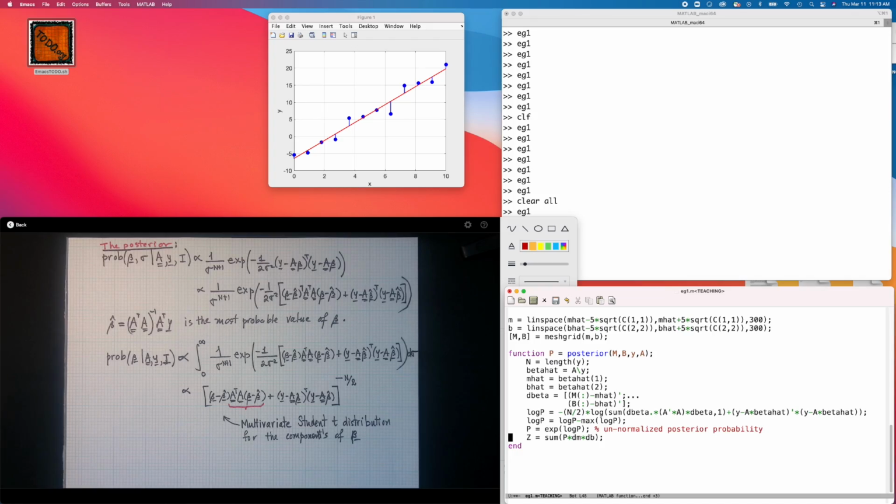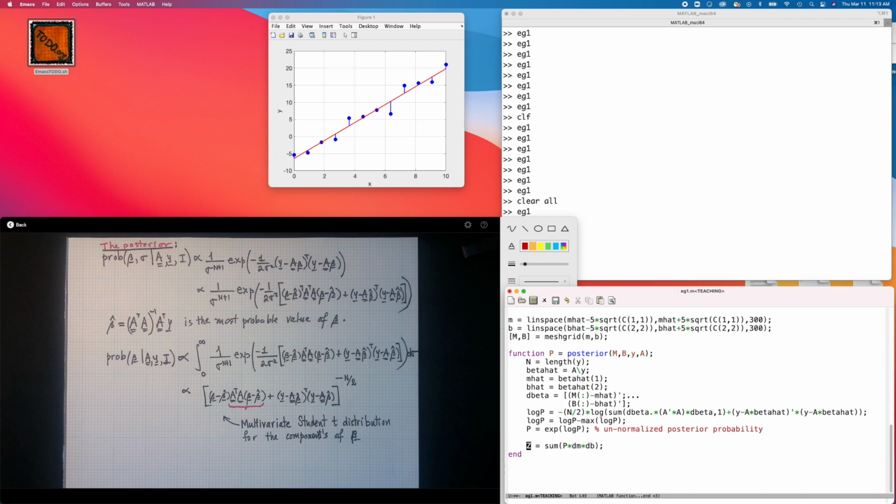So dm db, that's the little rectangular area in parameter space m and b, and so I need to compute those. So remember that m may vary, sorry, it goes the other way. m is the x-axis. So m2 minus m1, and then db.